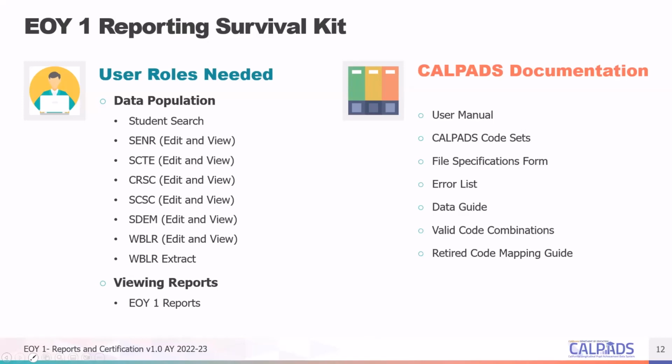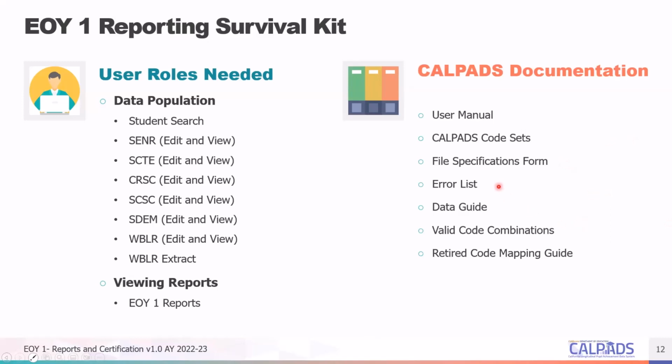It also serves as a gateway to additional state compliance resources and submission and report analysis tools. The CalPADS code sets contain the current code values for fields with coded value data elements in CalPADS. The CalPADS file specifications, or CFS, provides data submission requirements at the individual field or file specification level, as well as information on CalPADS file processing methods.